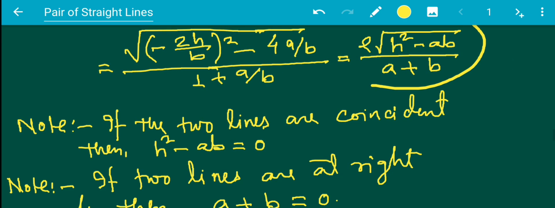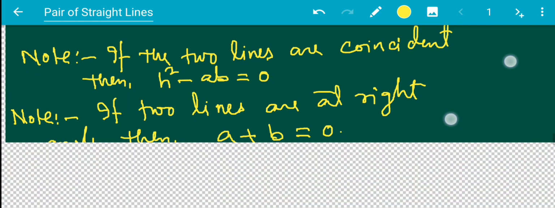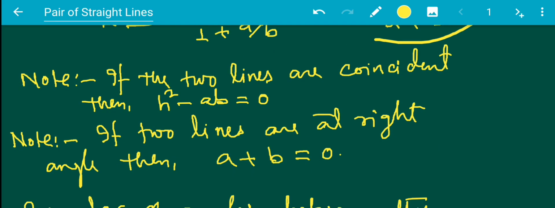So from here we can see that if the lines are coincident, that is theta equal to 0, then h square minus ab is equal to 0. This is the condition of the lines being either parallel or coincident. If the lines are at right angle, then the denominator is 0, that is a plus b equal to 0.